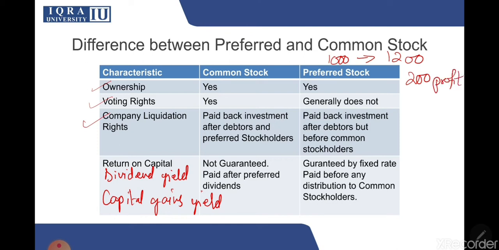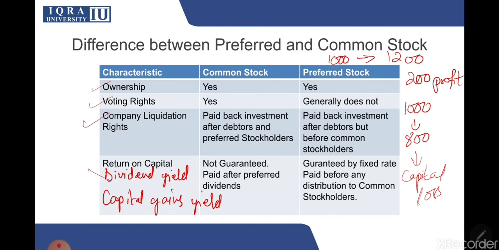But it might be possible that the price actually decreases from 1000 to 800. So you purchase the stock for 1000 but the price is now only 800. In this case you have made a capital loss.